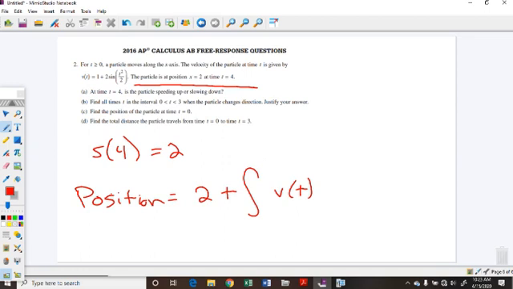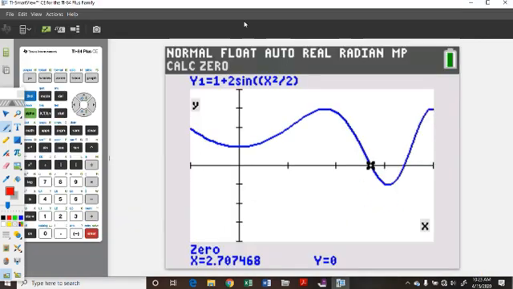Well, I need to find out its displacement from 0 to 4, okay? And then I calculate this. Let's go back to the graphing calculator.